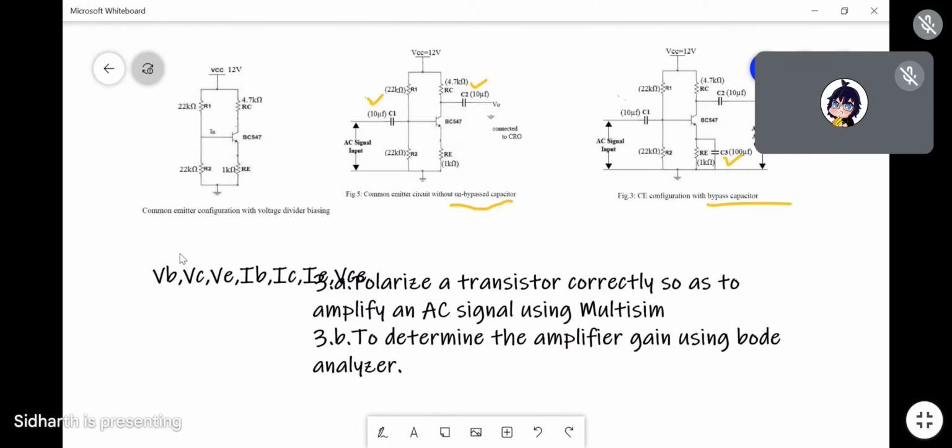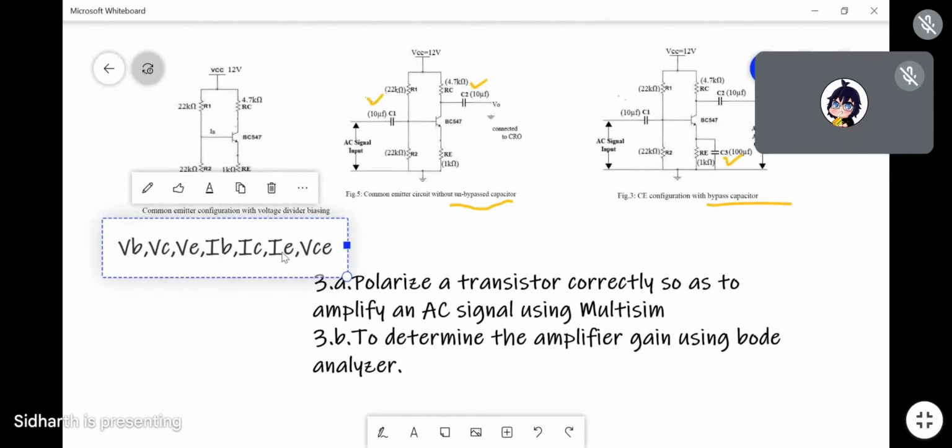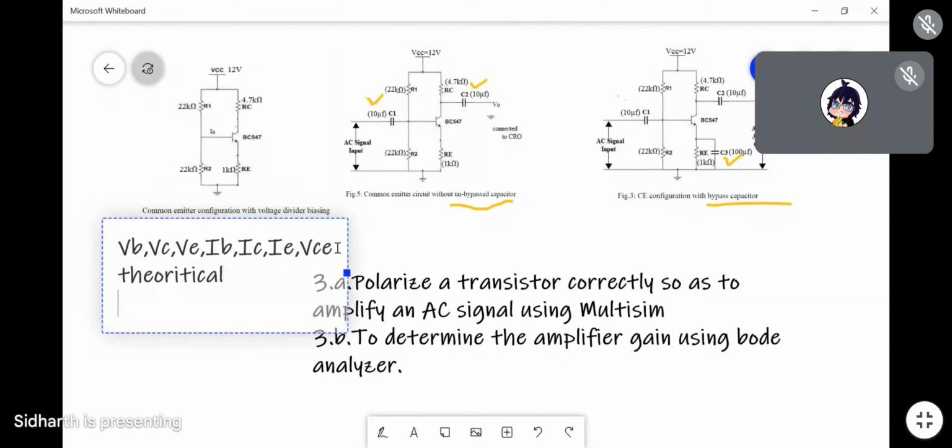This much parameters you have to find out theoretically, and then you will find out by doing the simulation of the circuit, that means the practical. Then find out the percentage of error between them.